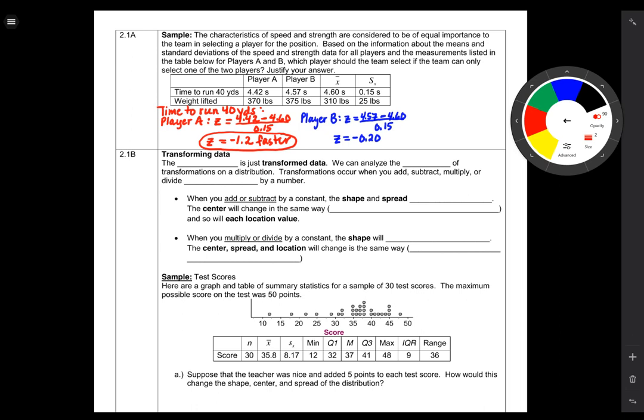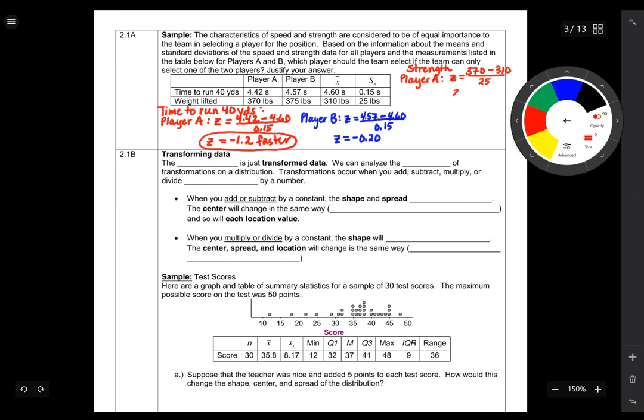Now let's look at the same two players as far as strength goes. So we'll do player A. So I'm going to go over here. So the z-score, so I'm looking at the bottom row of my table, 370 minus 310 over 25.